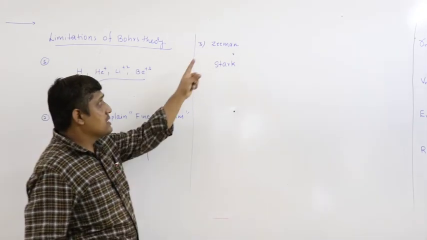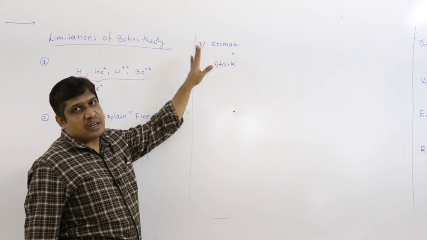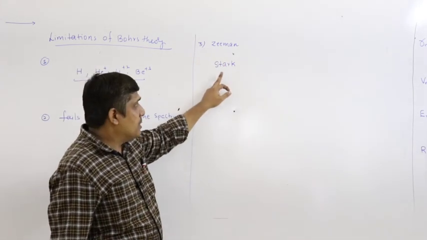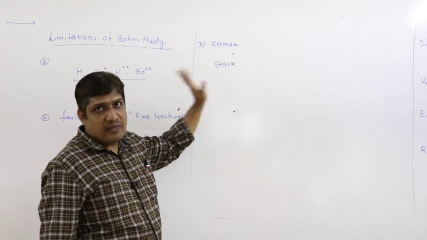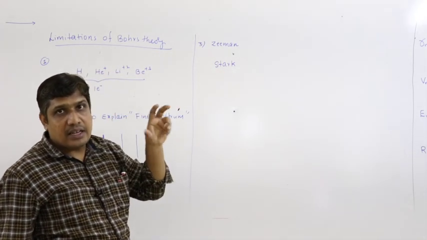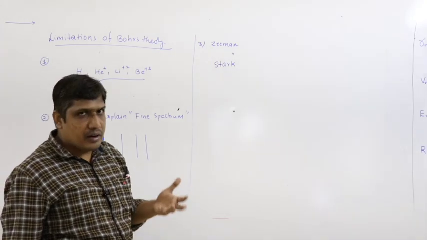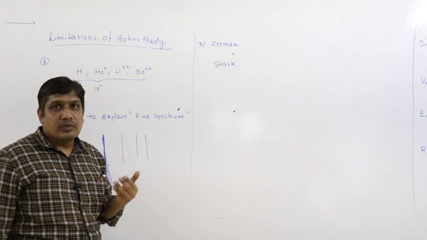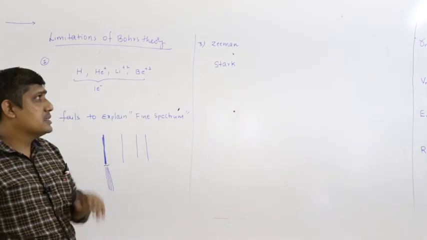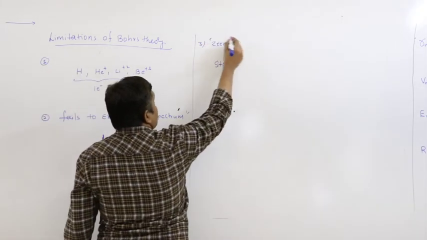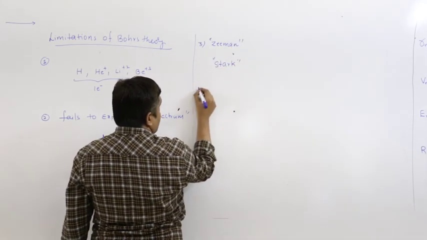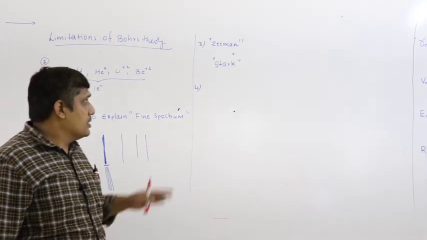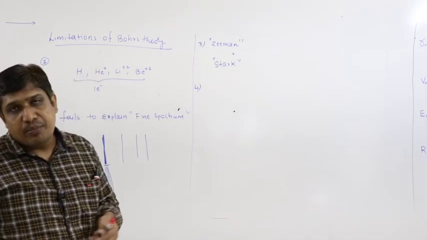What is Zeeman effect? Splitting of spectral lines in the presence of a magnetic field. Splitting of spectral lines in the presence of an electric field is Stark effect. So when you apply an external field, depending upon magnetic or electric field interaction, these lines further split, and Bohr couldn't explain the reason for the splitting. Next, it contradicts the uncertainty principle.